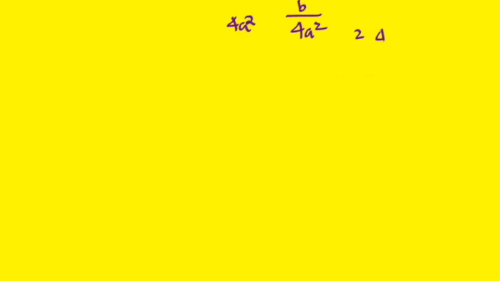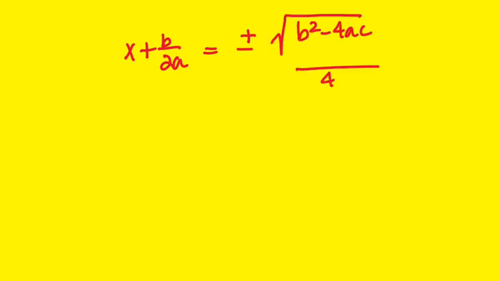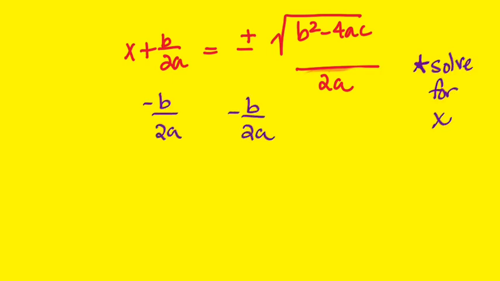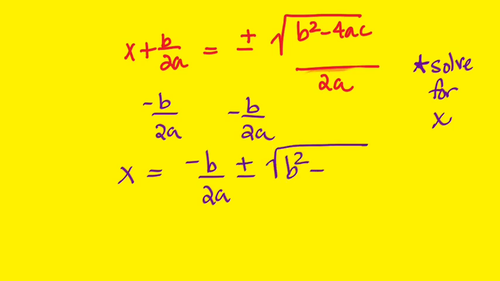What makes this super handy, when I square root that and get it all over 2a, when I subtract the b over 2a, they already have a common denominator, right, of 2a. So I get negative b over 2a plus or minus the square root of b squared minus 4ac all over 2a.